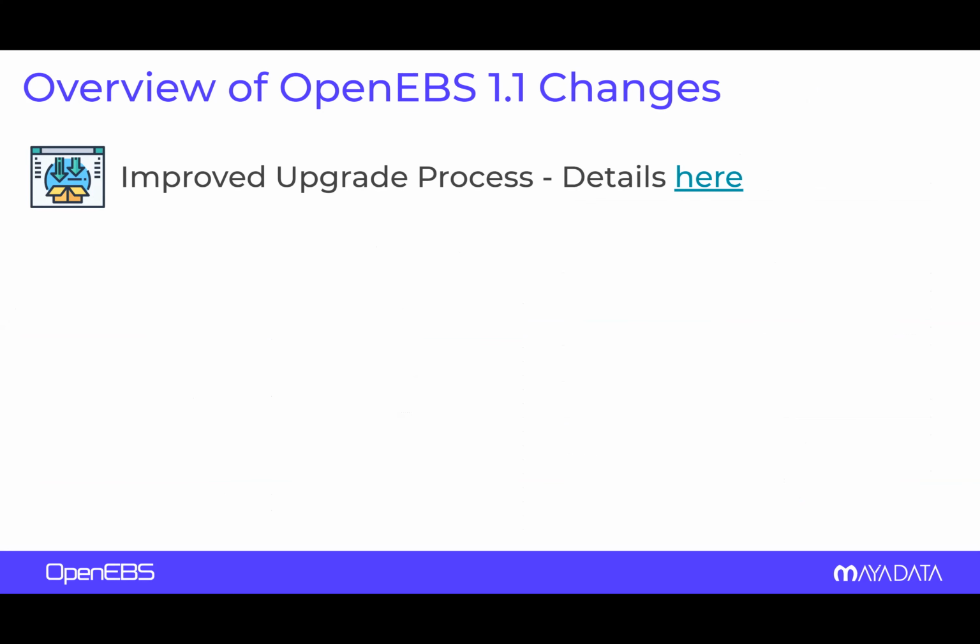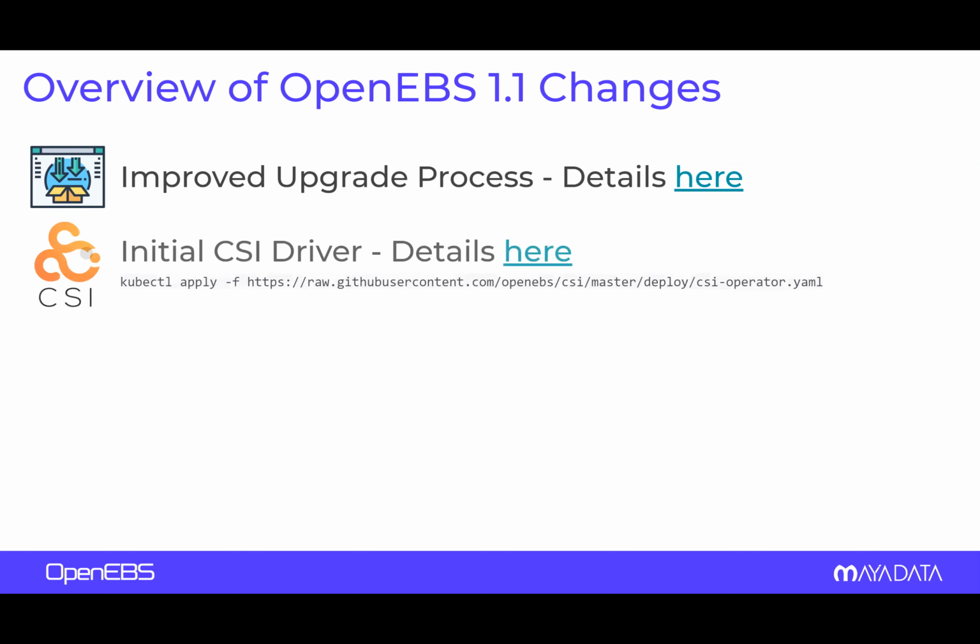This is introduced with 1.1, and now upgrades to 1.1 are supported from 1.0. Kubernetes job-based upgrade is a step towards completely automating the upgrades in the upcoming releases. There is some work in the operator part and in other parts to make this smoother.